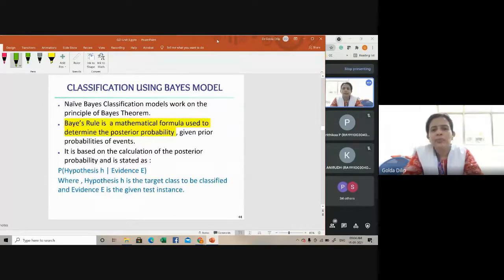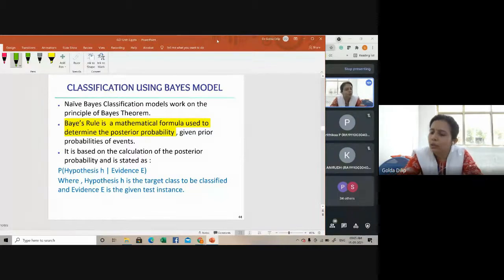Okay, so now in today's class, let's see how classification happens using the Bayes model. Please make a note of certain things rather than just sitting and listening or not listening. It's actually very interesting.